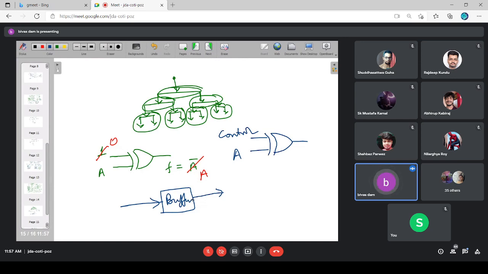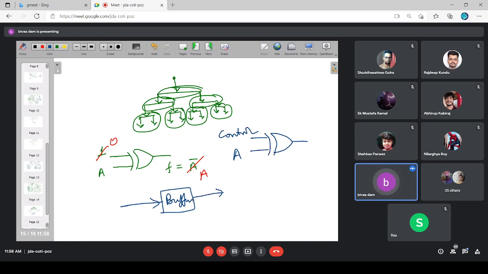The second specialty is that for a two input XOR gate, if the control input is 0, it operates as a buffer, and if the control input is 1, it operates as an inverter. So these two specialties we should keep in mind always. They will help us in realizing logic circuits in a more efficient manner.